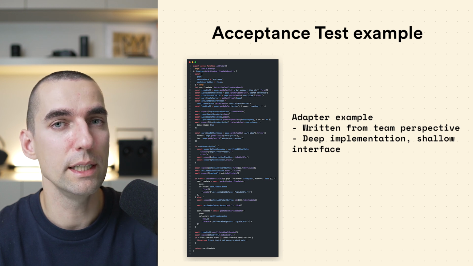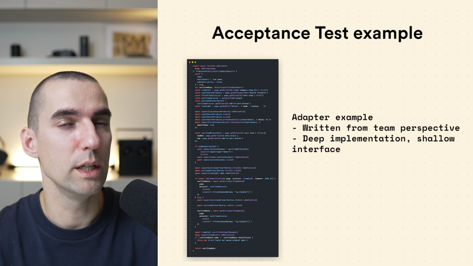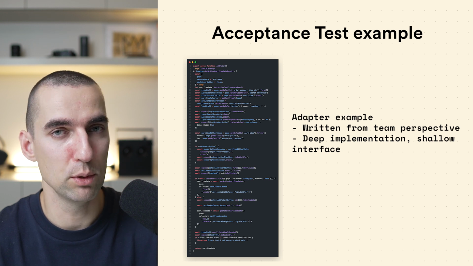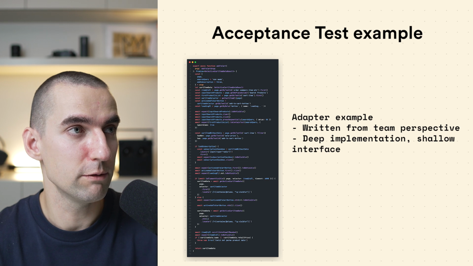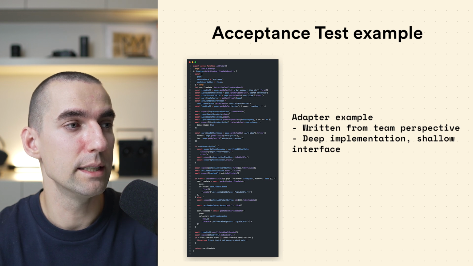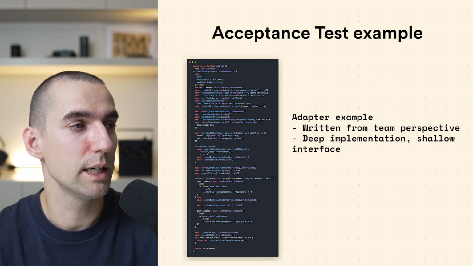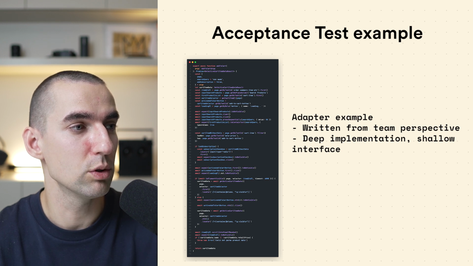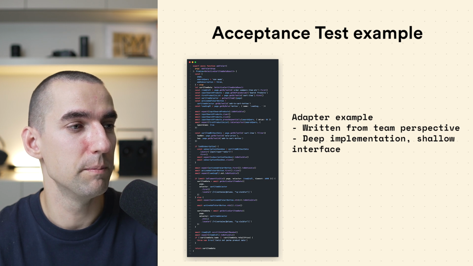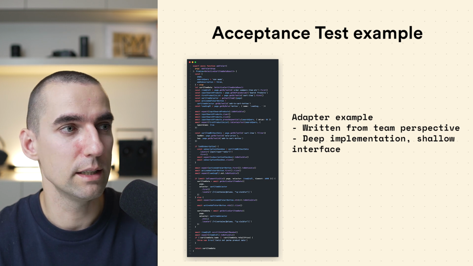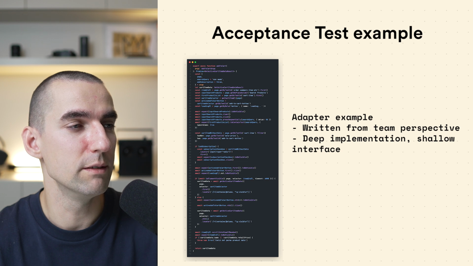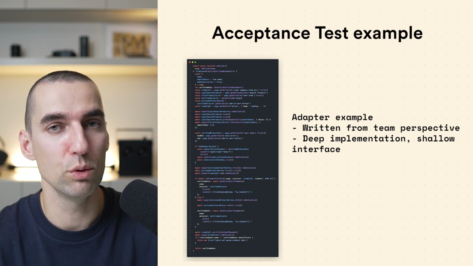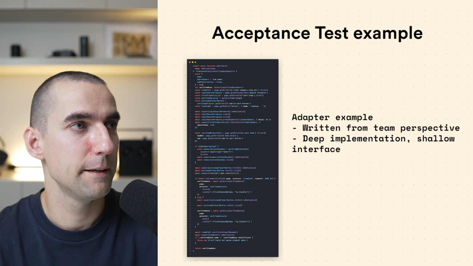Think of it as the defined way to interact with a system from a team perspective. But as soon as you write that function and it's working, you can see it also takes into account if the add to cart button is active or not. It will fail the expectation if it's not. Things like that. And this is the place where we have defined selectors for those elements on the page.